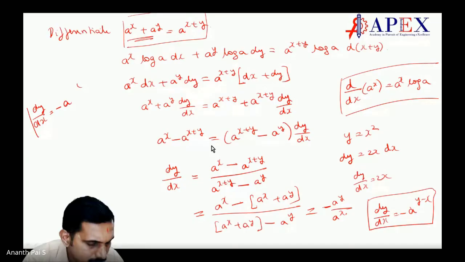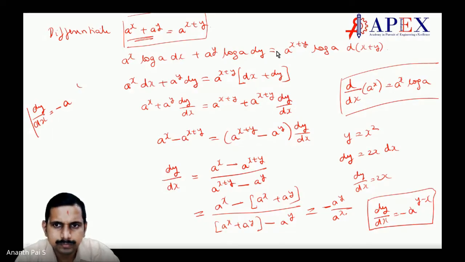Sir, in the first step only, can't we substitute a power x plus y equal to a power x into a power y? Then the steps may be reduced, right? A power x gets cancelled. On the right hand side, a power x plus y equals a power x into a power y.